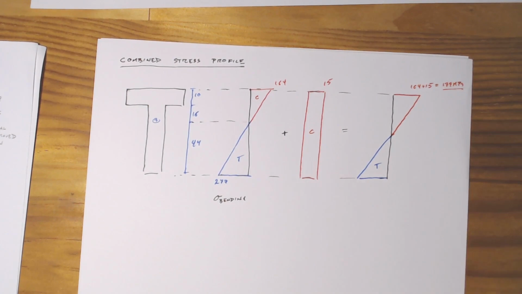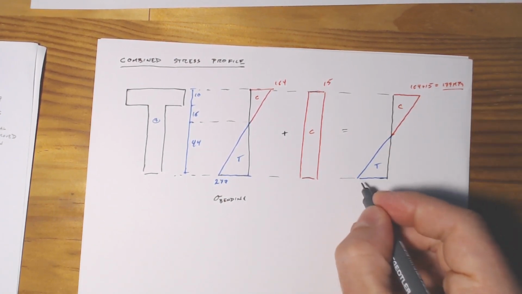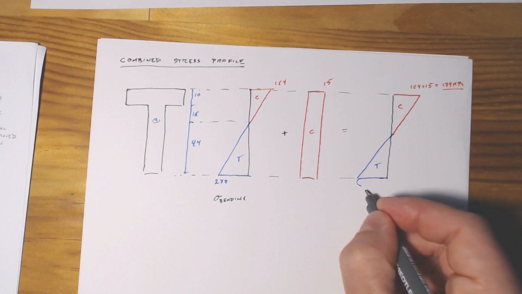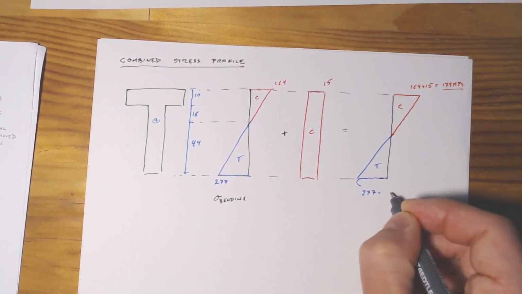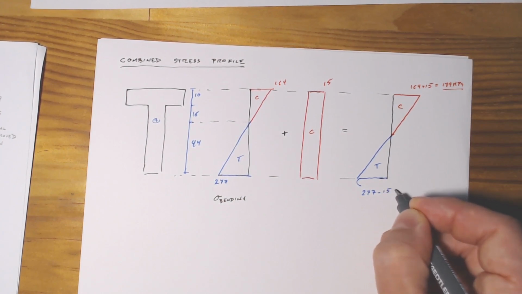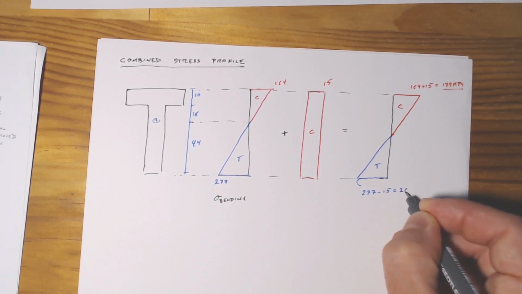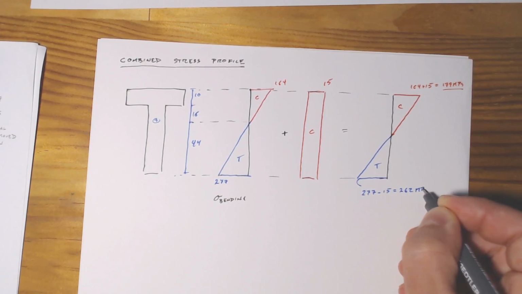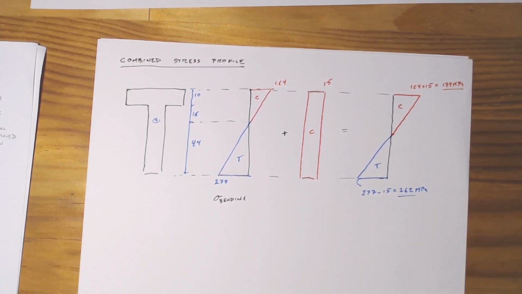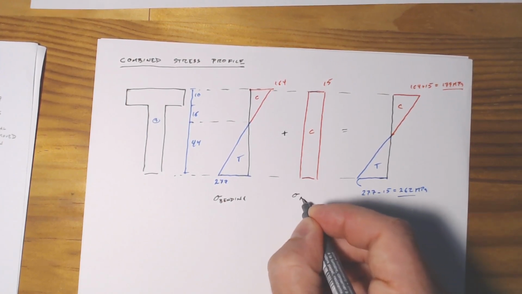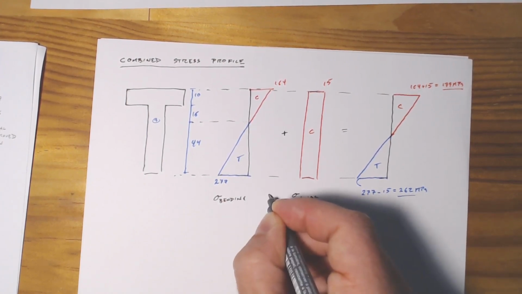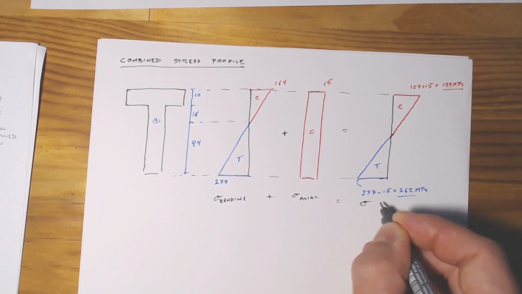And then we have our tension and our compression. And our tension will simply be 277 minus 15, equal to 262 MPa. So this is sigma axial, sigma total.